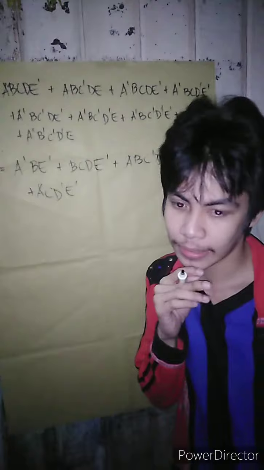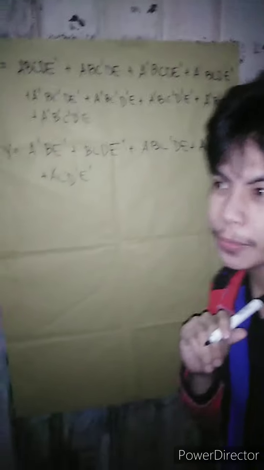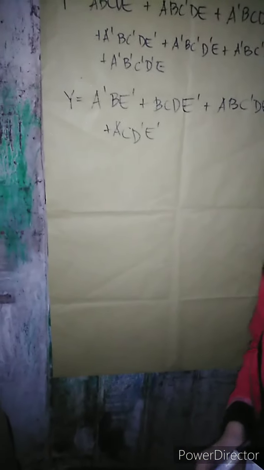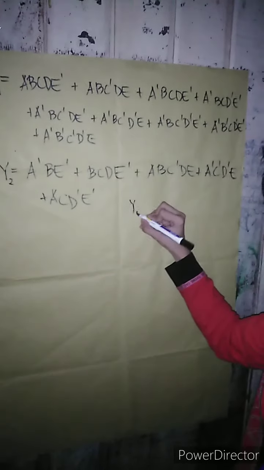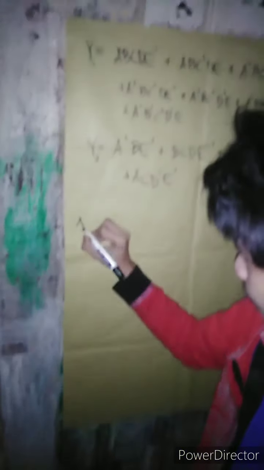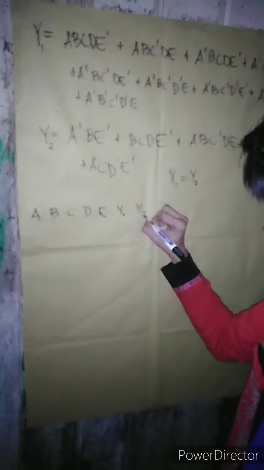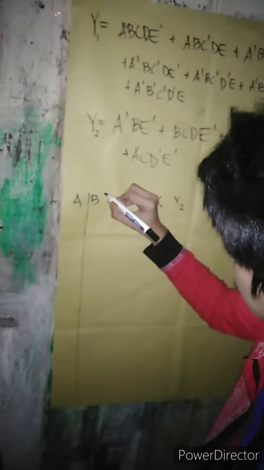Now, we will determine the truth table of this function and this function, and compare if they are similar. So, we will assume that this is Y sub 1 and this is Y sub 2, and we're going to prove that Y sub 1 is equal to Y sub 2. Okay, let's start. A, B, C, D, E, Y sub 1, Y sub 2. Here we go.